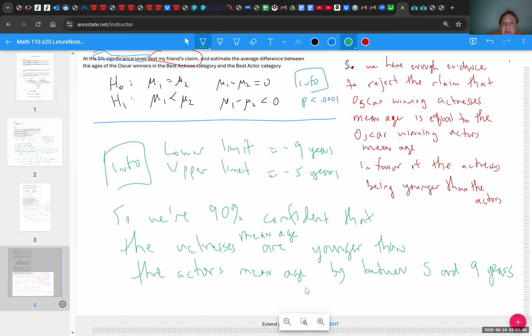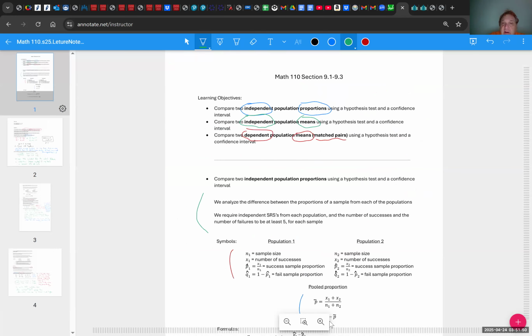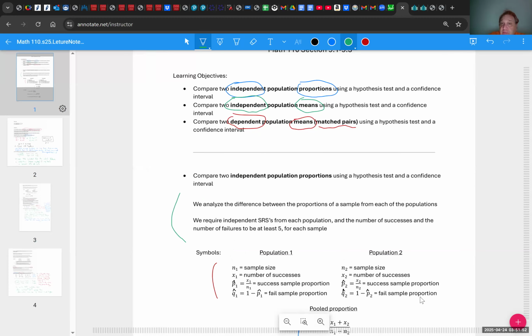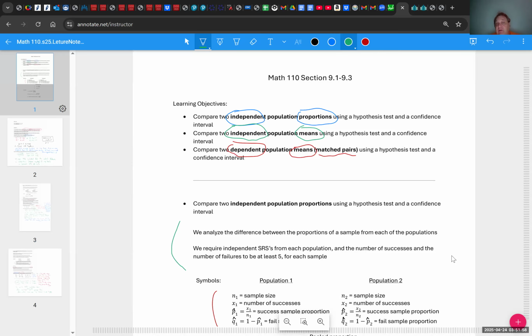So we're just going to recap real quick what this video has tried to go over. Going back to the original slide here, we are comparing two populations, and we're doing it under 3 different versions. One version is we're looking at the proportions of 2 independent populations, and we're trying to compare those two.